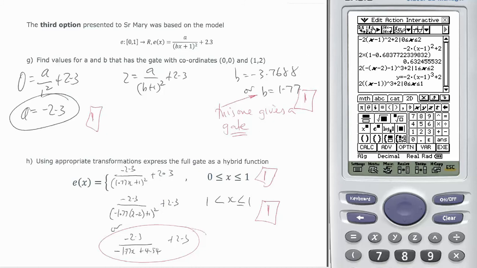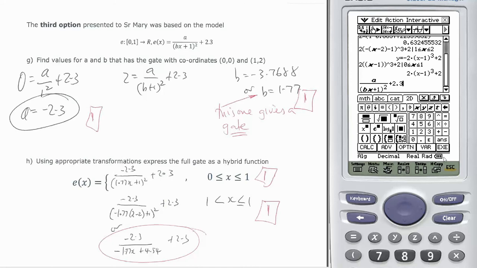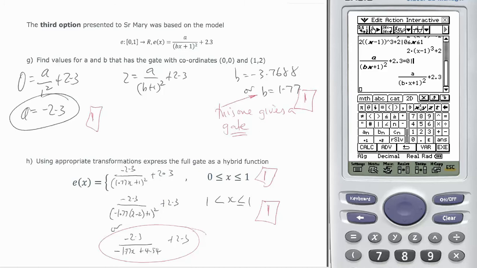Okay, so I'll enter these over here. So there it is, entered, and that's going to equal 0, options given x equals 0.